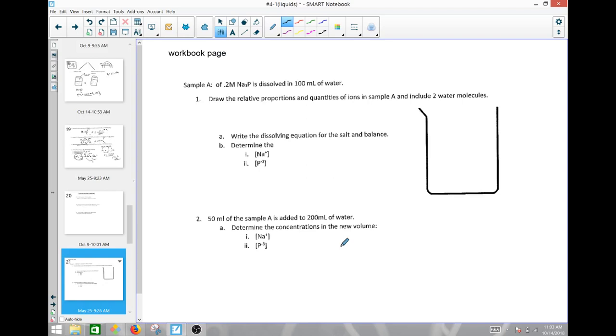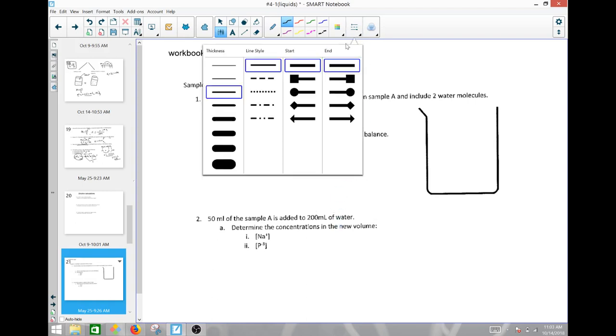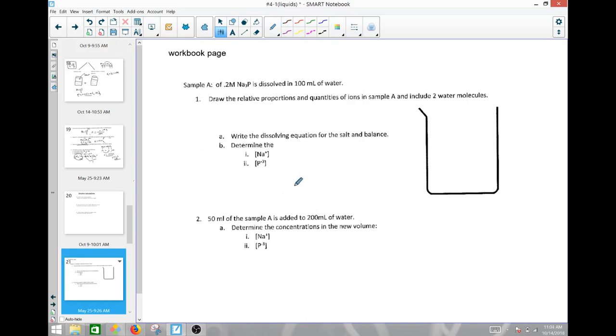Alright, so it says here, draw relative proportions of quantities of samples of ions A. Sample A includes 2 water molecules. Alright, so just make this a little bit thinner line. We have 0.2 molar Na3P.